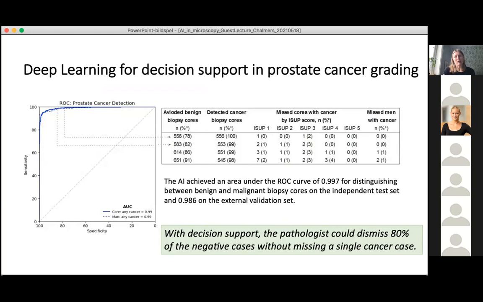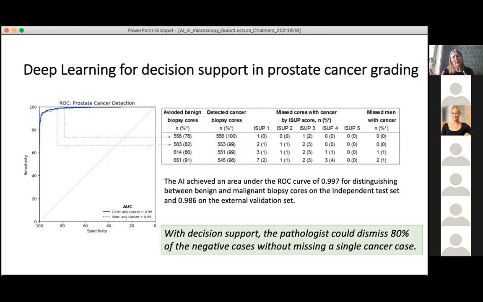And it worked equally well, or almost as well, on a completely new data set. What we can see here is that if we have this whole box of many, many slides that have to be graded, and we apply this decision support, we could dismiss as many as 80% of the negative cases without missing a single cancer case.